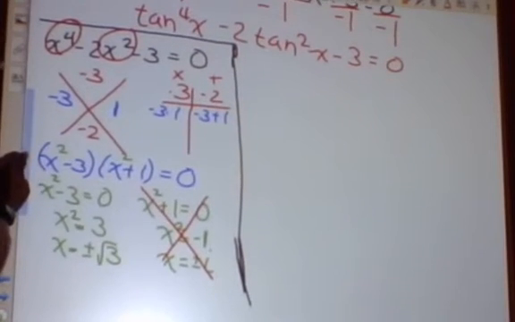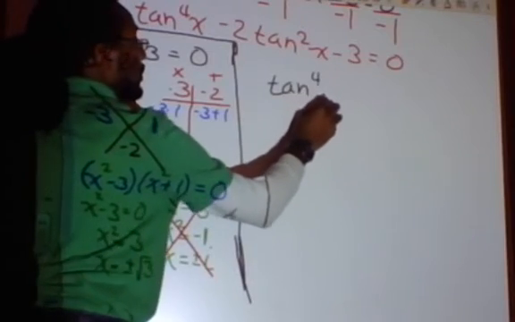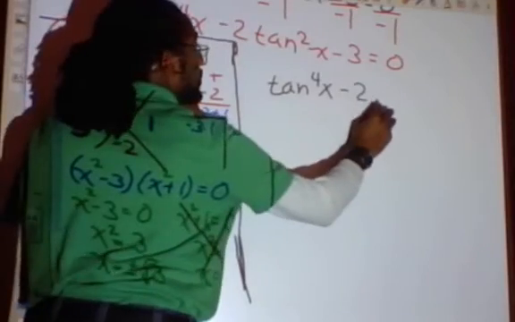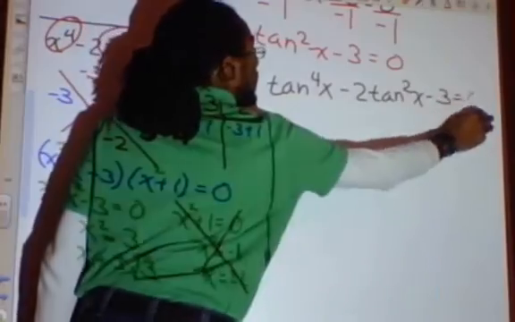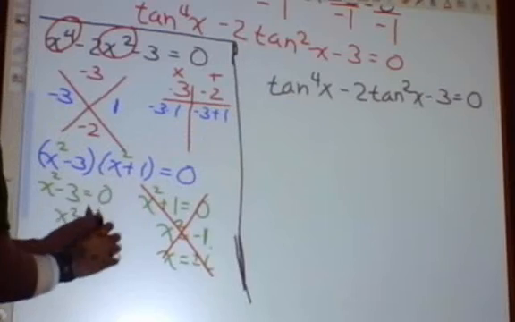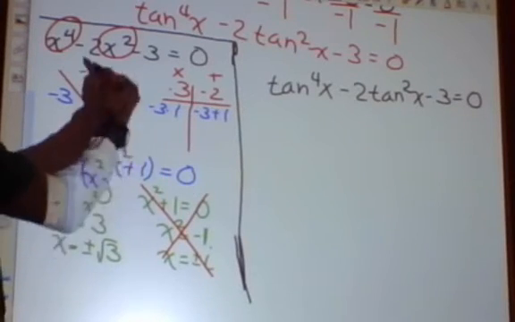Okay, so with that being said, I'm going to rewrite this as tan to the 4th x minus 2 tan squared x minus 3 equals 0. We're going to go ahead and break it down just like we did here, so we can actually jump straight to this point because we already worked out the information here.